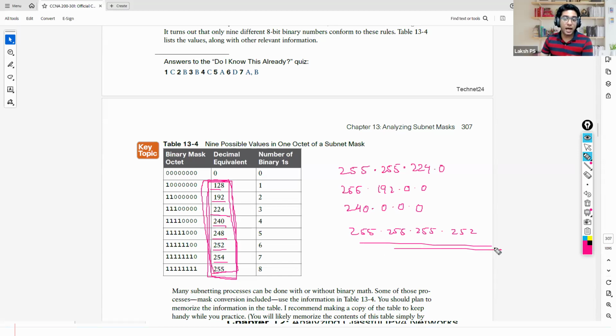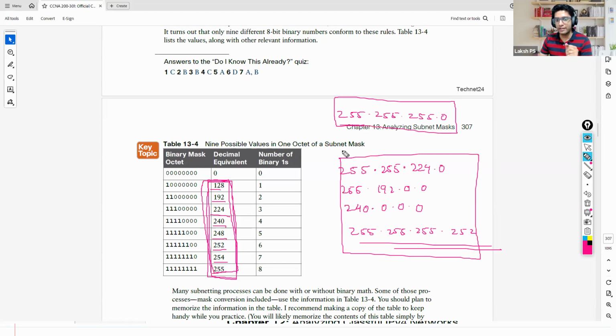You may find such address masks in real time networks in your experience as well. Okay, you will find the default address mask of 255.255.255.0 like this as well. The simple address masks or the easy address masks. You will find these easy address masks as well, and you will also find these difficult address masks in real time networks.